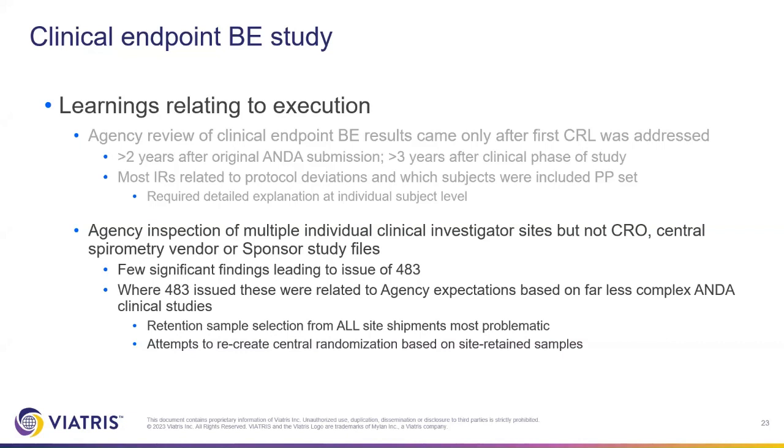You have to retain samples from shipments of product to sites. It has to be done in a blinded fashion, so the site isn't unblinded, but they need to retain samples which represent the 3 different products which they were receiving. And so that was a complicated process, more complicated than the guidance really allowed for.